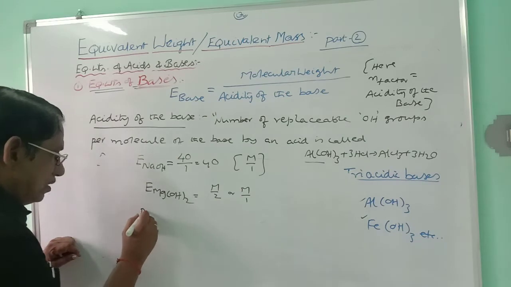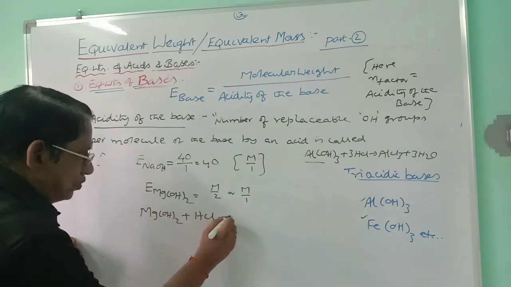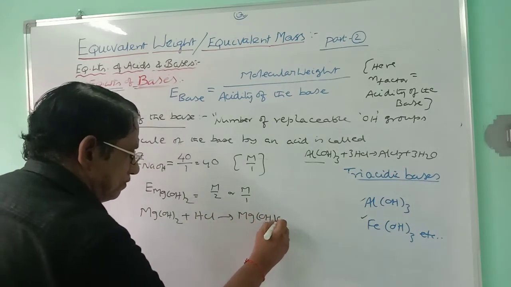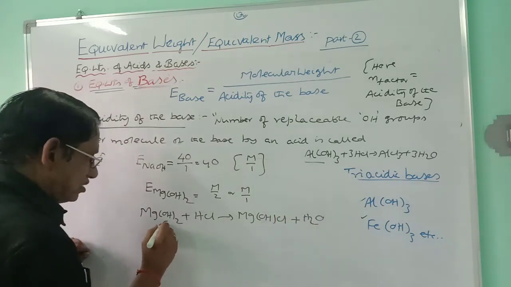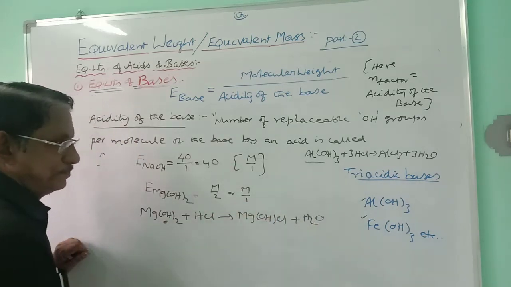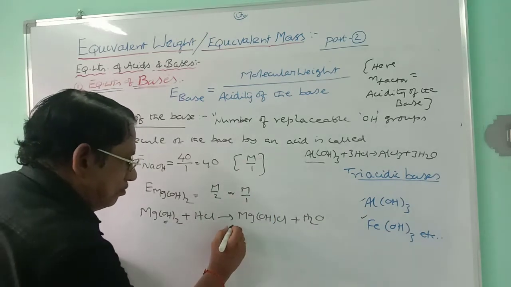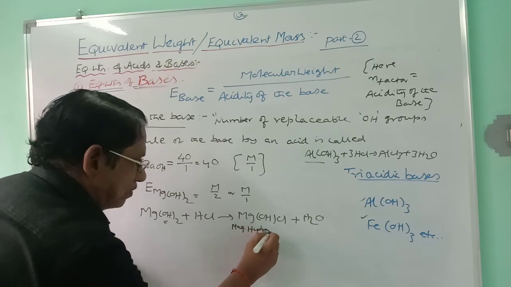When you take Mg(OH)2 reacting with HCl in 1:1 ratio, then you will get Mg(OH)Cl plus H2O. Only one OH is replaced by Cl. It is taken away by H. And so this is what you call magnesium hydroxychloride.